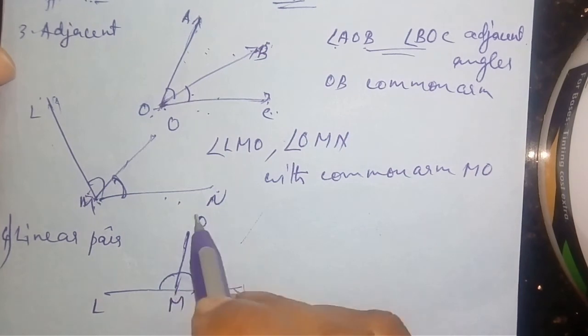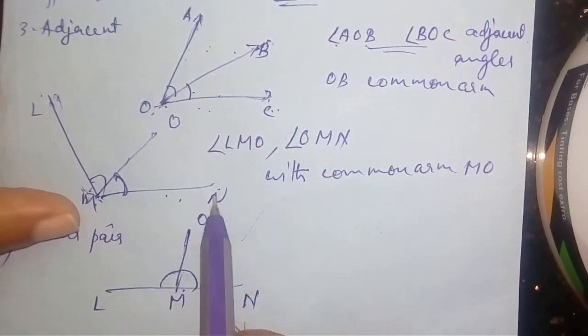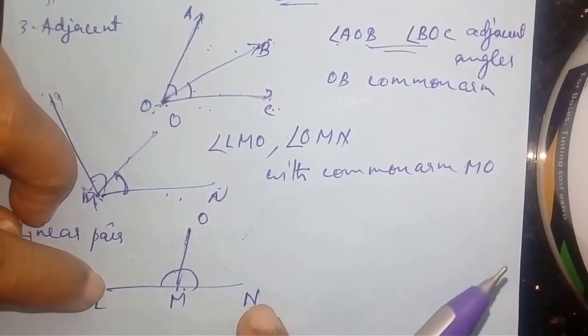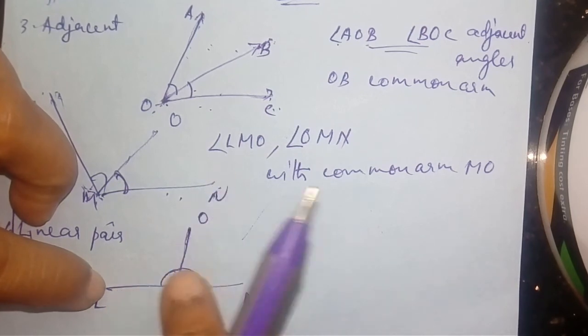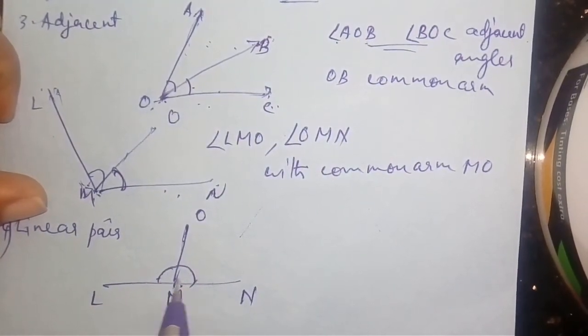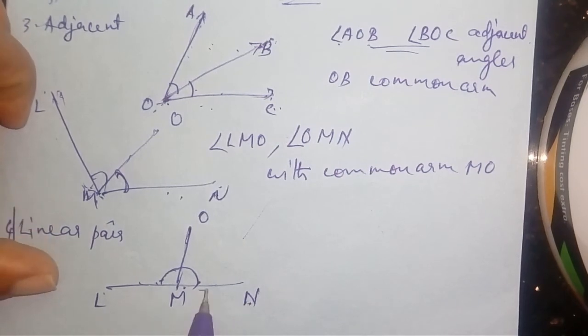In adjacent angles, when the two non-common arms form a straight line, then those two angles form a linear pair and the sum of these two angles will be 180. Such angles are called a linear pair.